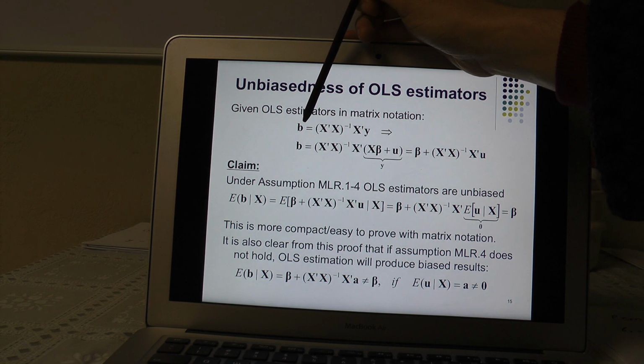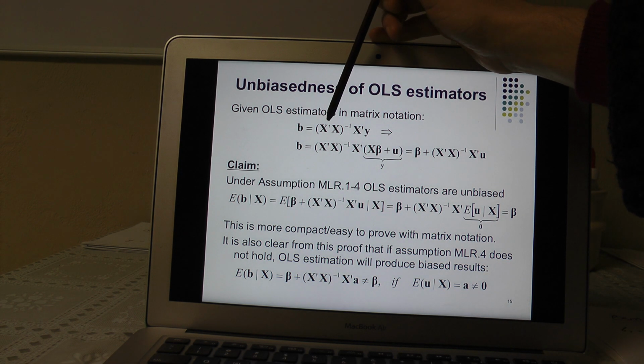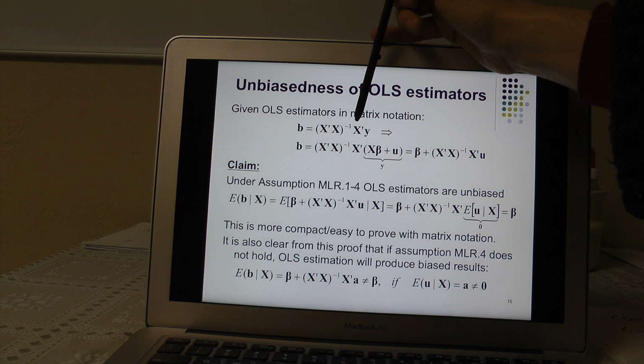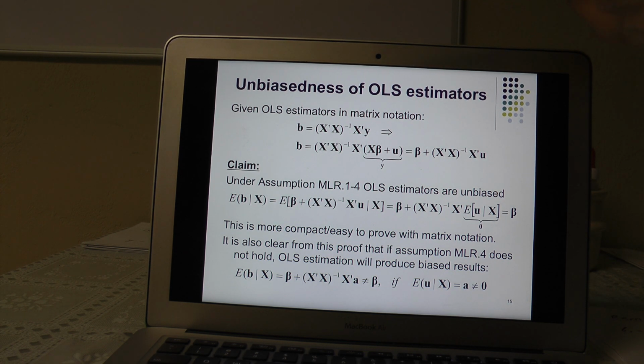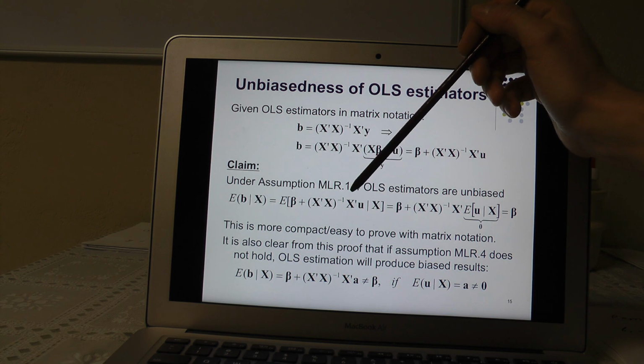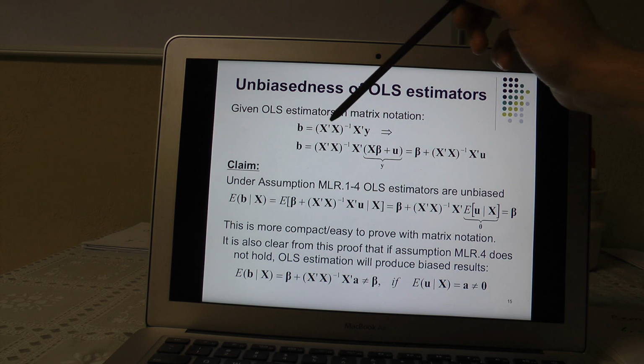Our B we have written in matrix notation as (X prime X) inverse times X prime y. This is what gives you your estimators, and they're stacked: the first one is for B0, the next one for B1, B2, up to BK. So this is a stack of all these formulas right here.